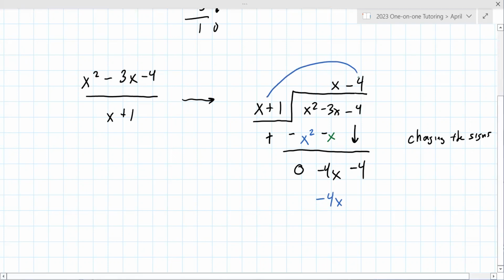Then you take the minus 4 and multiply it by 1, that's minus 4. And then you again change the signs. So now it goes from negative to positive, negative to positive. And this time when you add vertically, you get 0 and 0.